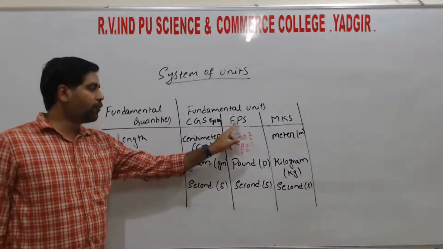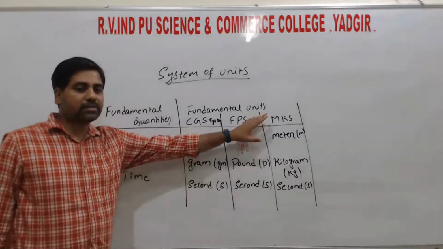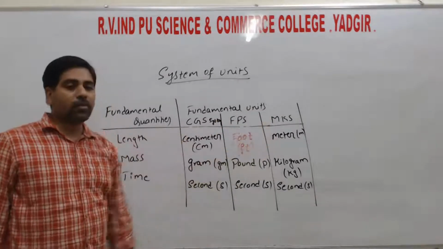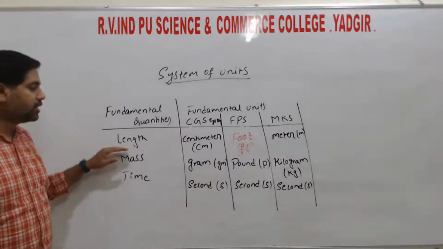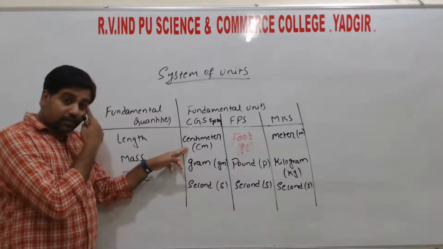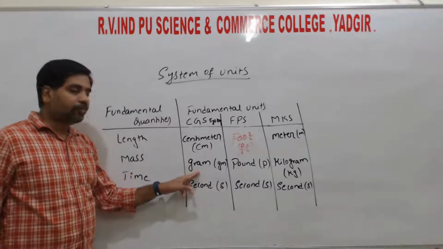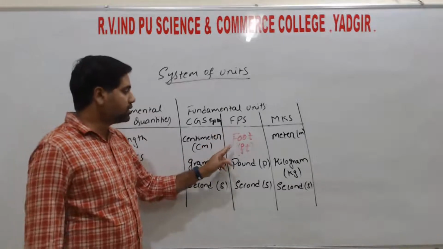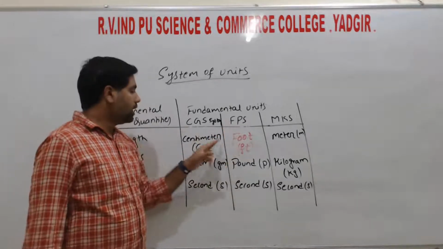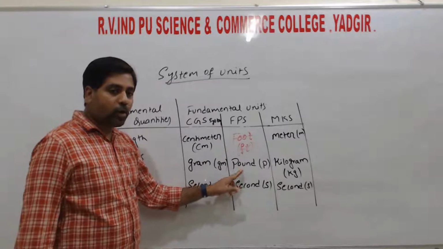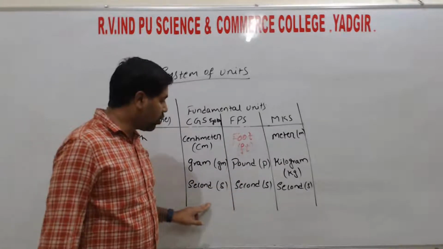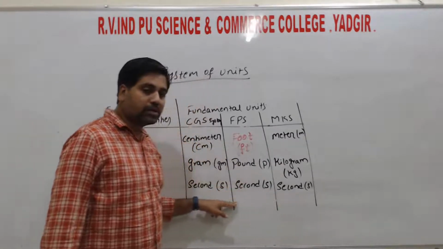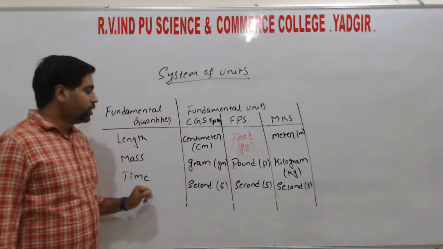So these are the old systems of units: CGS system, FPS system and MKS system. In the CGS system, length is measured in centimeter, mass in gram and time in seconds, and in the FPS system we measure length in foot, mass in pound and time in second. So in all three, the time measuring unit is the same.